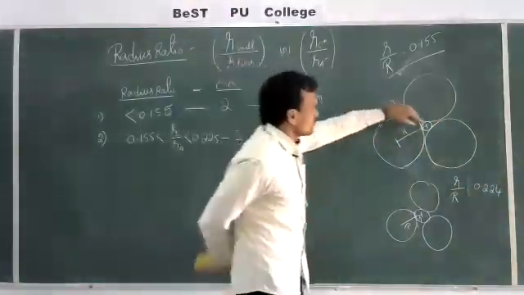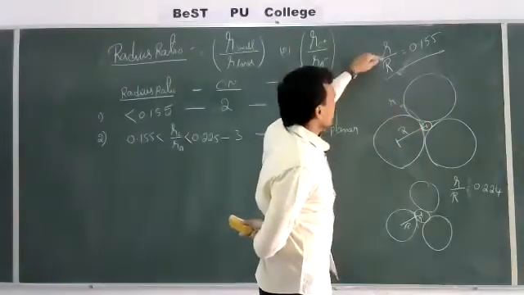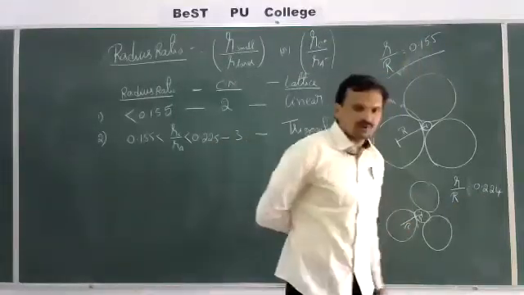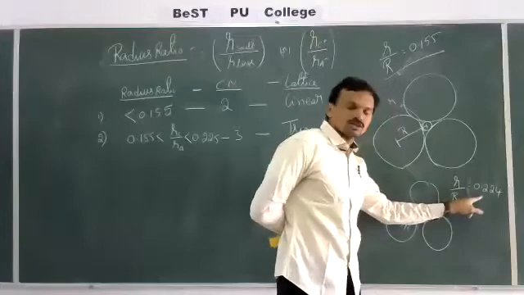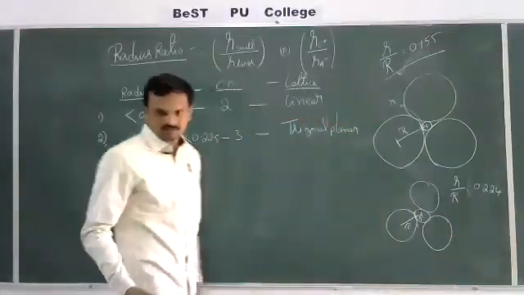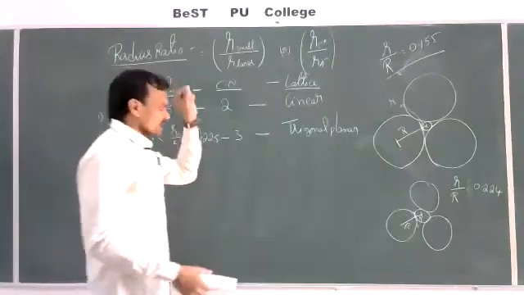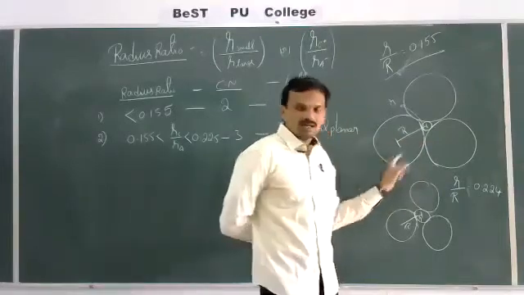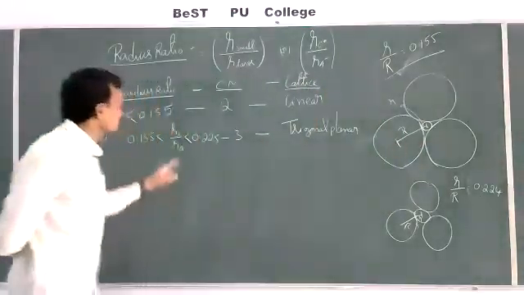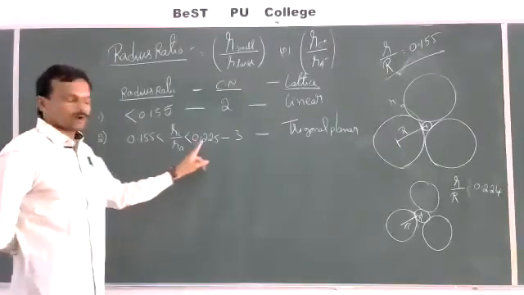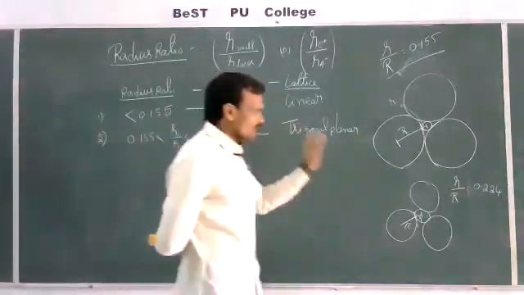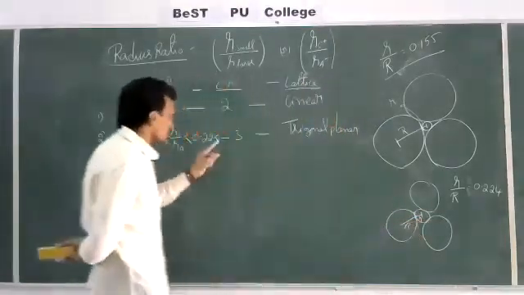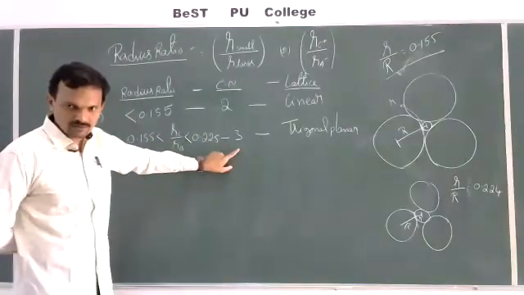The minimum ratio of small r by capital R is 0.155 and the maximum is 0.225. If the radius ratio is more than this, then the crystal lattice shape changes. So if the radius ratio lies between 0.155 and 0.225, then that small particle is in contact with the 3 nearest neighboring particles. That means its coordination number is 3.